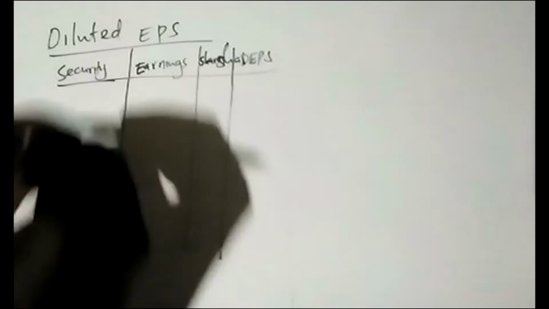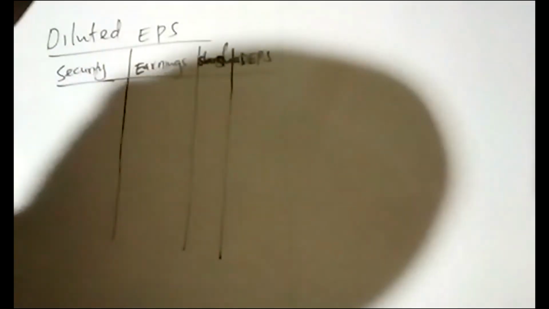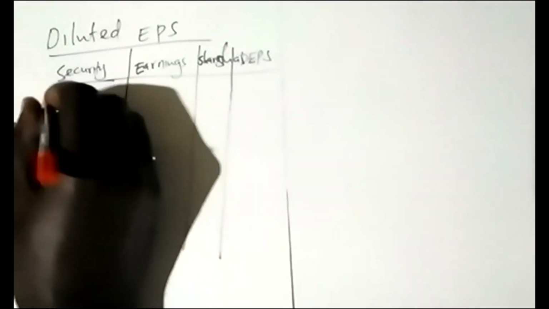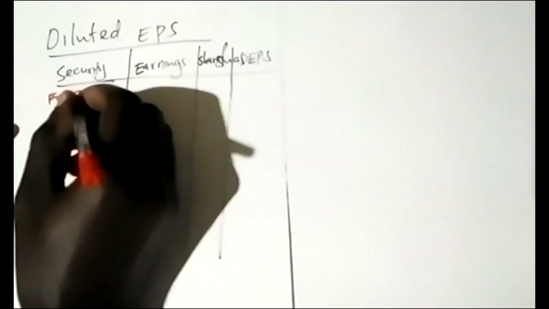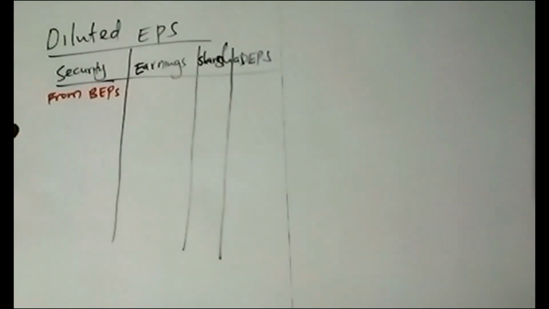So you start from basic. You say from basic earnings per share. Remember that these diluted calculations of ours, we were required to do for 2014. So from basic, you pick your basic EPS 2014.